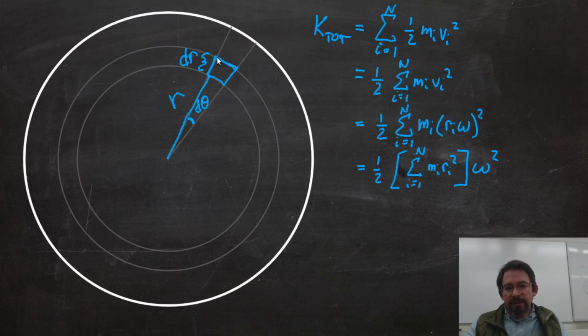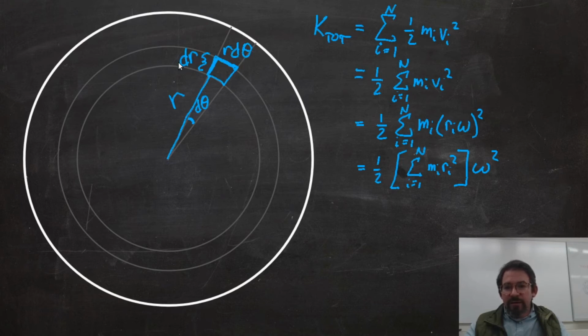So how big is this side of this rectangle? I already know that the radial side is dr. Well, if this is infinitesimal, it means it's going to be approaching 0 as a limit. But I need a side here that also approaches 0. Well, this side is r times d theta. You might wonder, why is it r and not r plus dr times d theta?